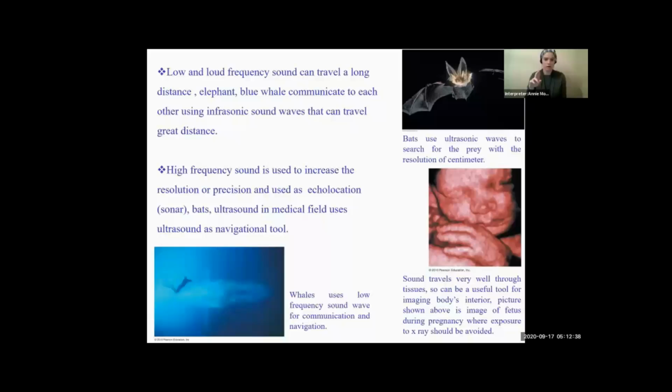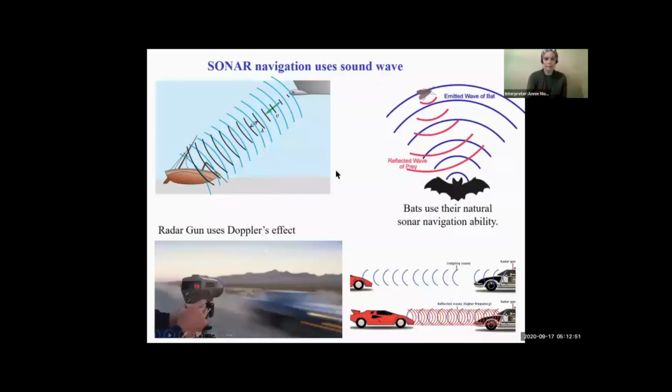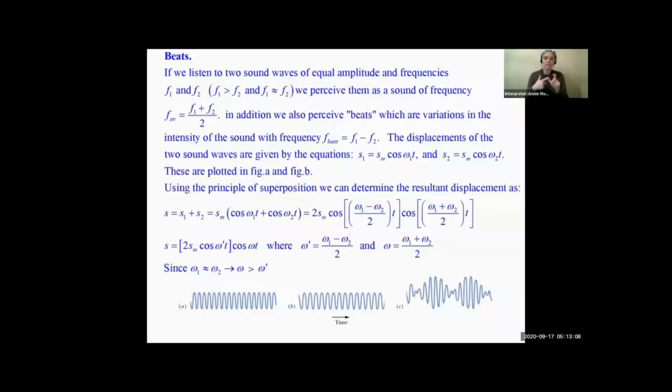They use high frequency ultrasonic sound waves for detecting prey. So many applications, just like I said. Sonar navigation uses low frequency sound, and these are high frequency sound. And the radar gun also uses ultrasound waves to measure the speed of your car.